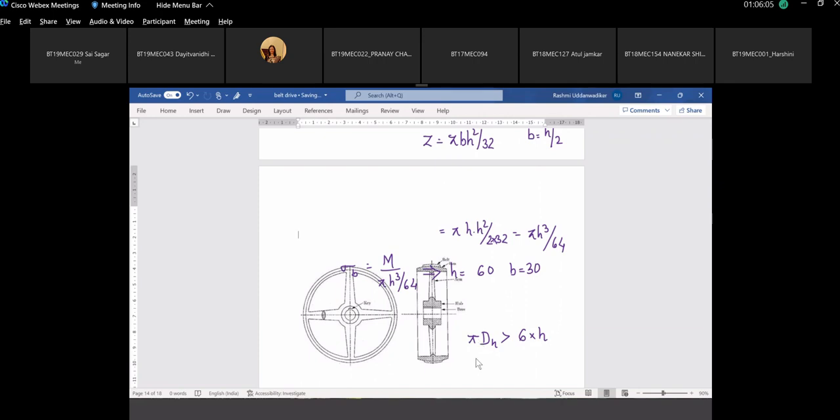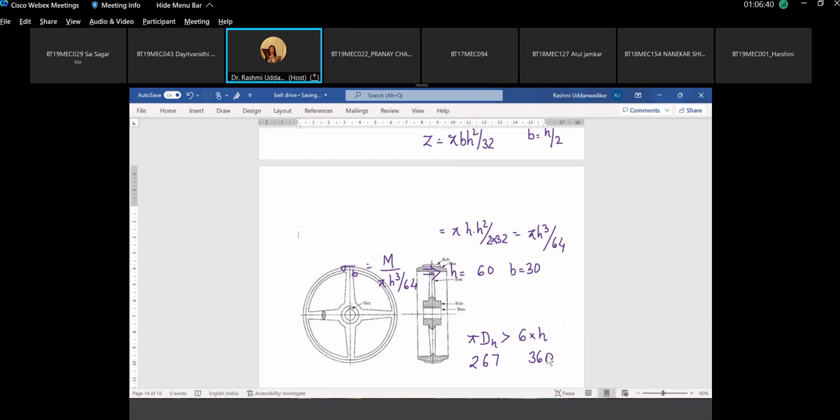Pi dh is coming out to be 267, and this is 360. So what do we do? Atharva, increase the diameter of what? Prajwal?